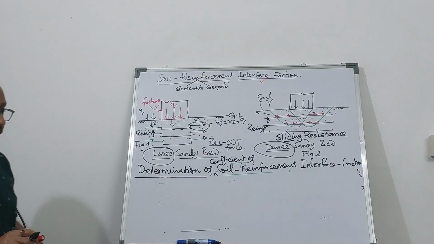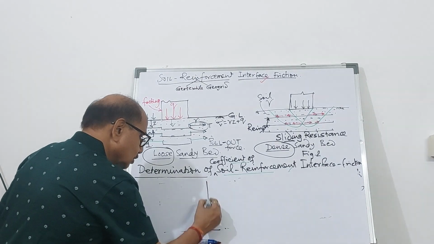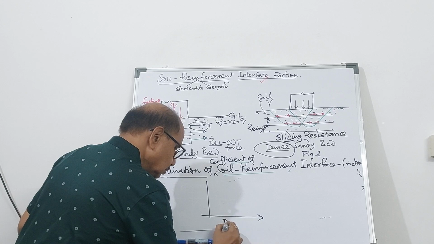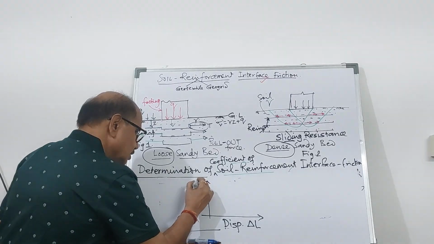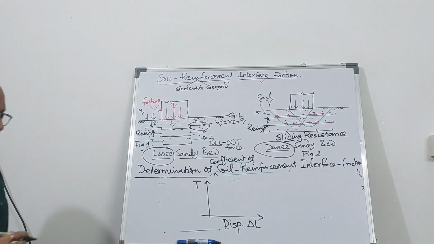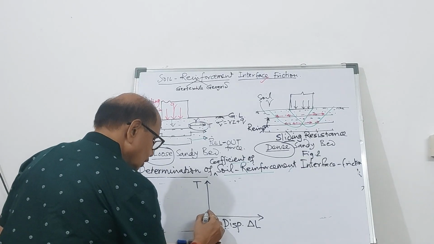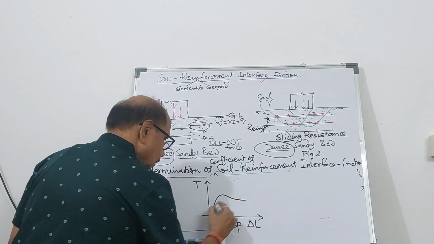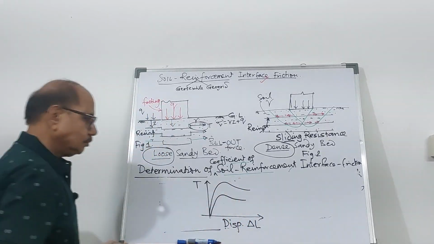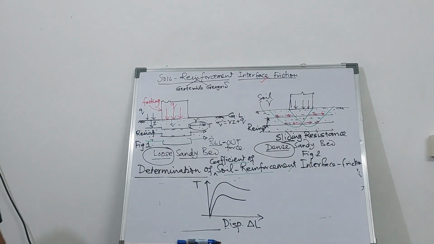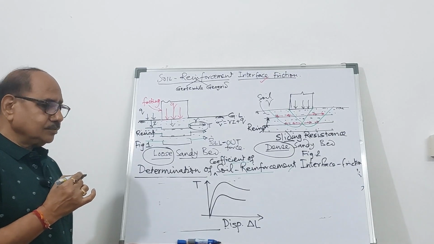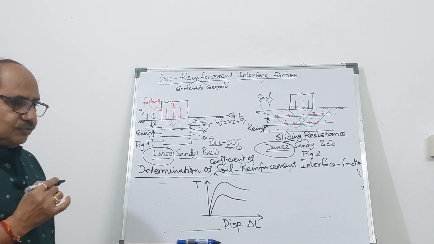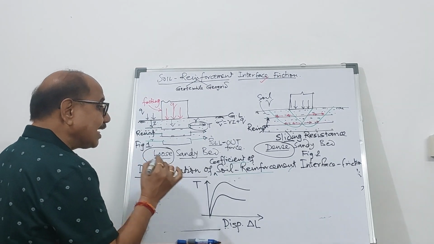So, the displacement versus T, the pull-out force. Displacement delta L versus this pull-out force T depends upon what? It depends upon the unit weight of the soil mass in which it is reinforced, and also the surface characteristic.